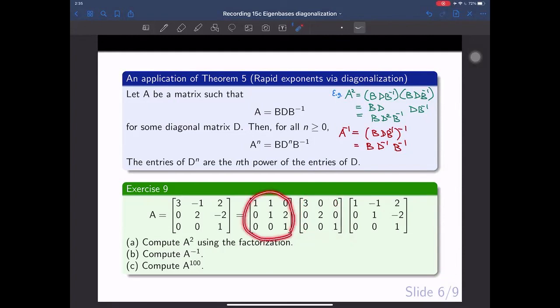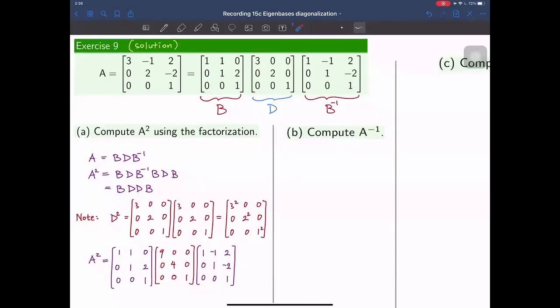And then this matrix is a concatenation of the vectors in an eigenbasis of A. And this matrix is just the inverse of this matrix. So as I have explained earlier, I can rewrite A squared as B times D squared times B inverse. To compute D squared is very easy because D is a diagonal matrix.